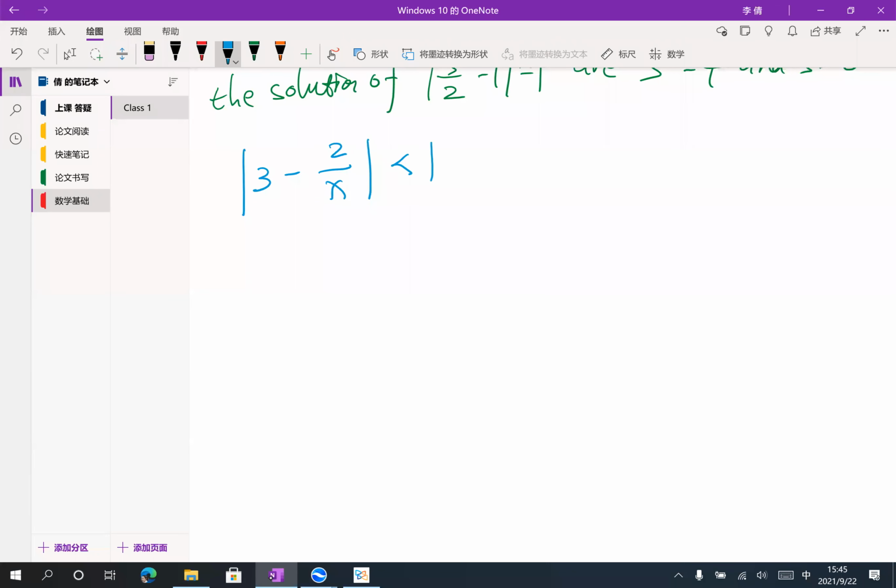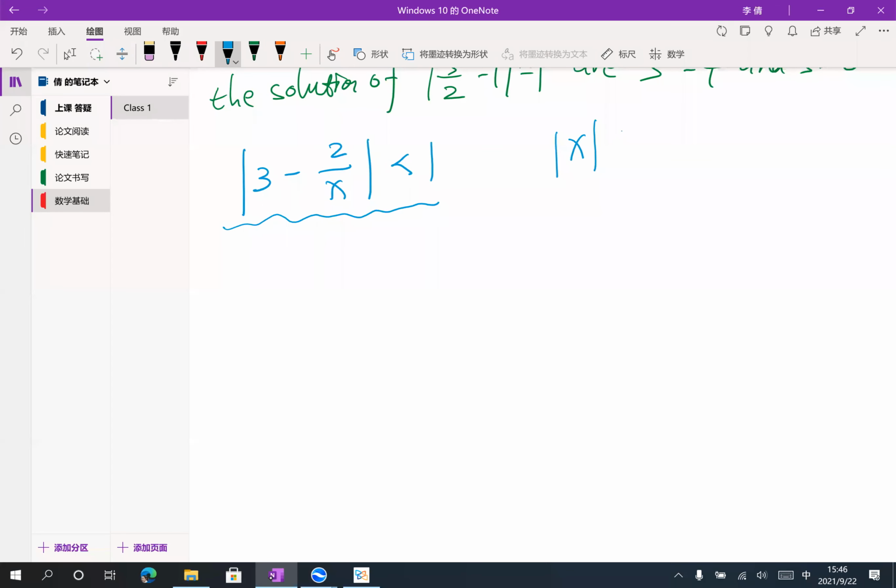To solve this inequality, which property about the absolute value can we use?